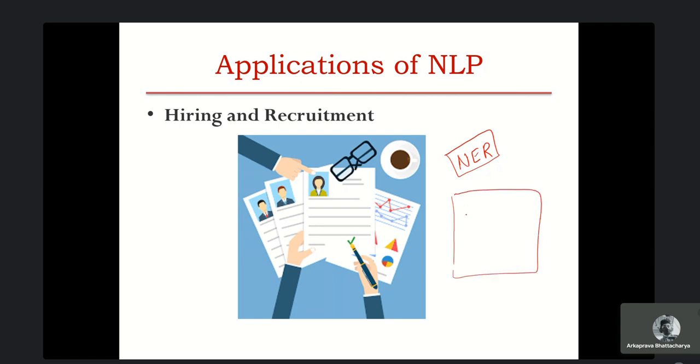The HR may get thousands and thousands of resumes per day, and going through each and every resume would be a tedious task. So they can look into the name of a person, the organization where they have worked earlier, the salary they had, and the educational qualifications. These are the main important points which they can extract from the given resume. This is one of the applications of natural language processing.